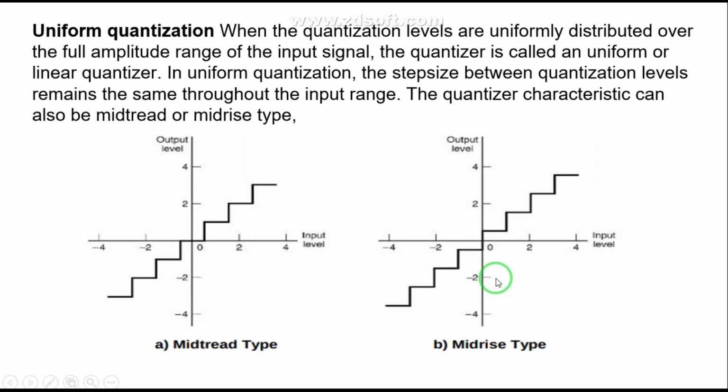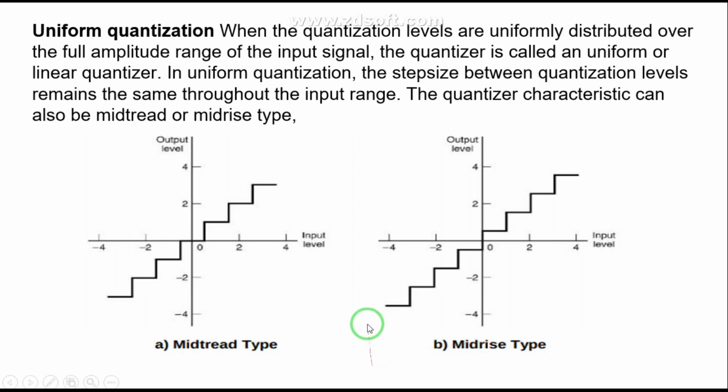You can see from this figure that when the quantization levels are uniformly distributed over the full amplitude range of the input signal, the quantizer is called a uniform or linear quantizer. The step size between the quantization levels remains constant throughout the input range. From the figure you can see the mid-tread type and the mid-rise type.